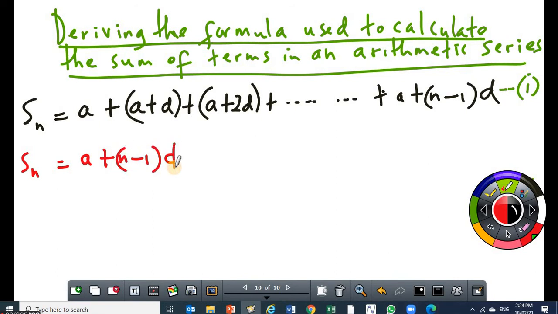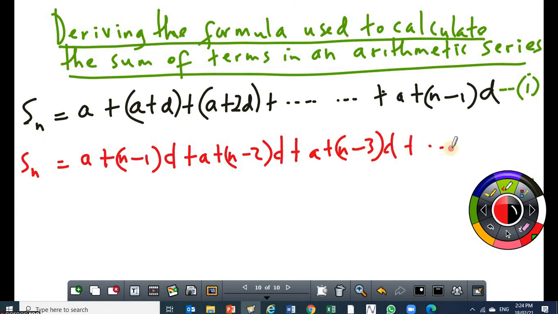Then I'll write a term before this one, which is not there. The term before this one is going to be n minus 2. We are going backwards. This is the last one, so the one before it is going to be n minus 2. So I'm going to end up having plus a plus (n minus 2) times d. And then the third one will be plus a plus (n minus 3) times d.